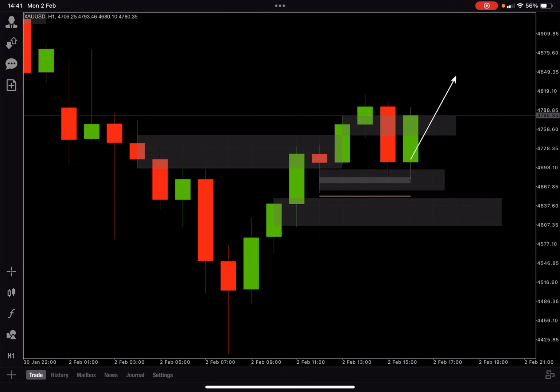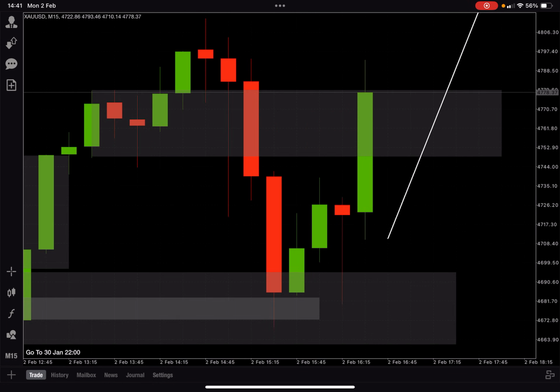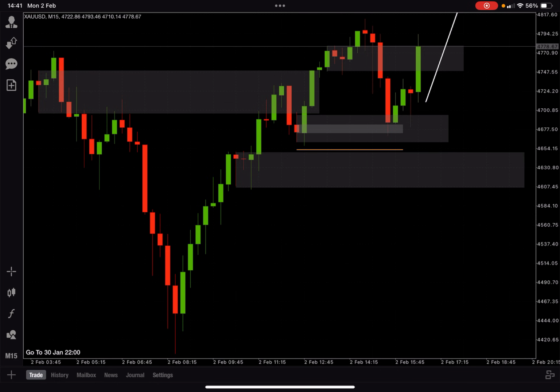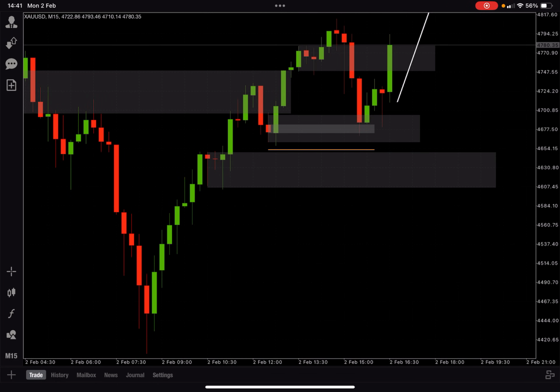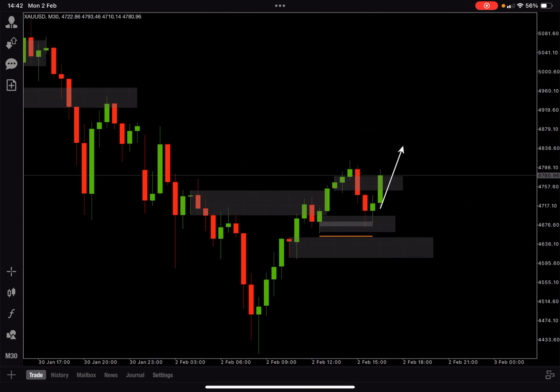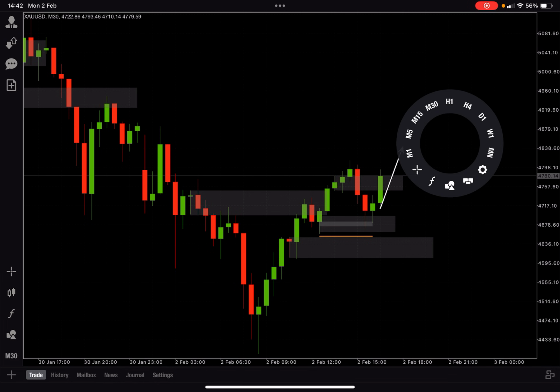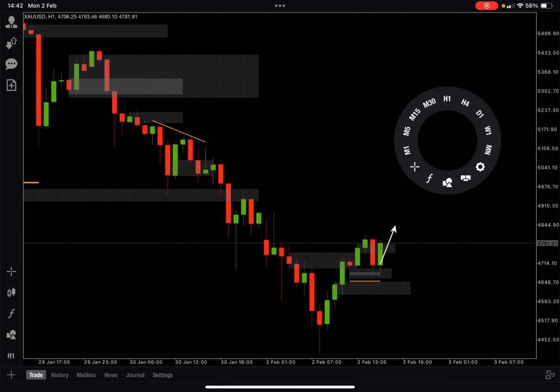We look at the chart, go from the higher time frame down, and then it all depends on what sort of trader you are. If you're a scalper, then you'll be looking at setups like that, 15-minute time frame, 5-minute time frame, and you'll be looking to get into those quick moves that are small distances. If you're a more relaxed trader, then you'll be looking for the hourly and above.